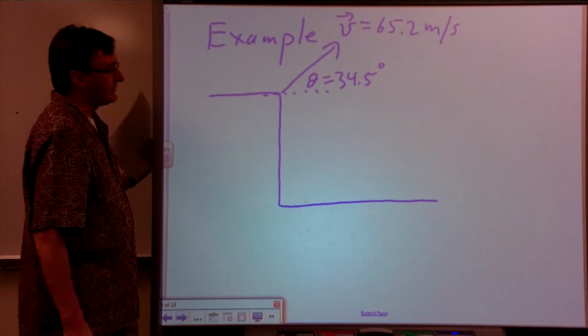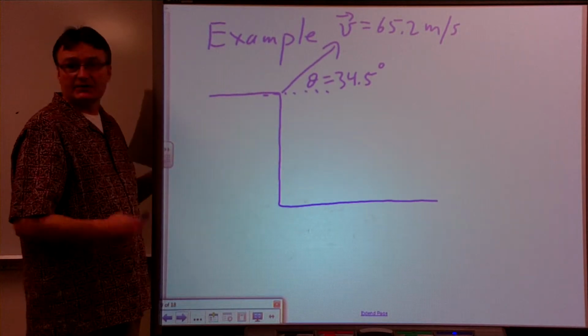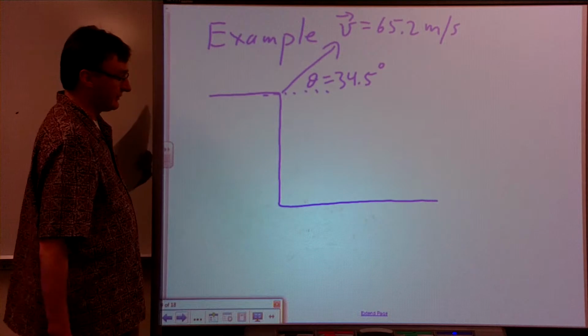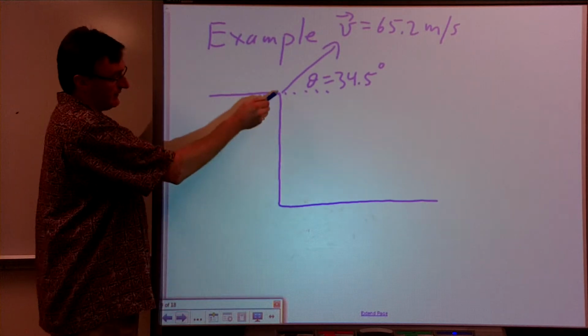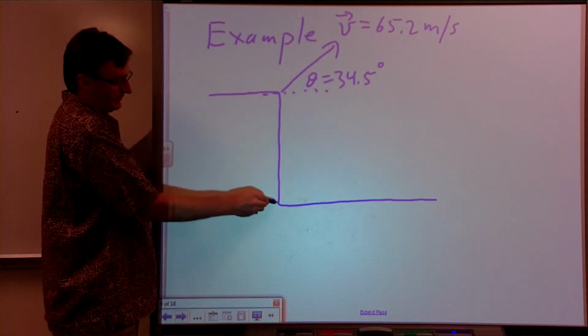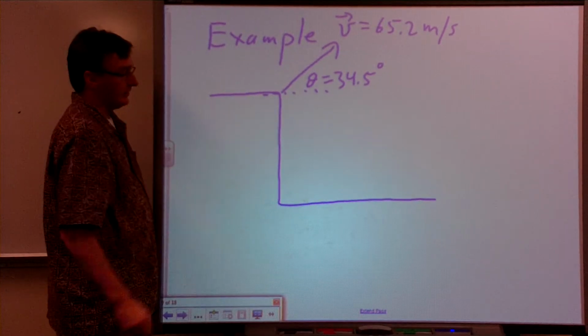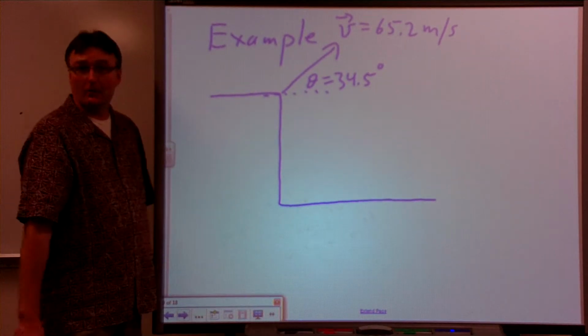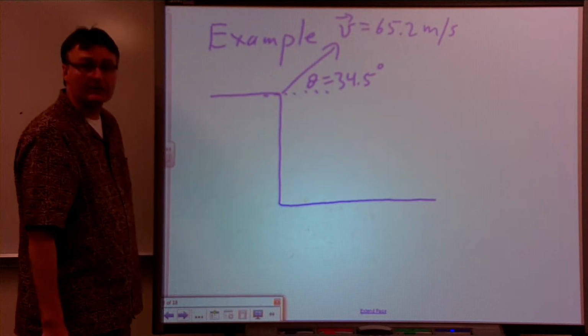It doesn't really matter too much. You're going to deal with the problem in the same sort of way. Again, the only difference is that if you go below the horizontal, then you're going to be dealing with negative numbers in the y direction, and that's okay. That's not a big deal.